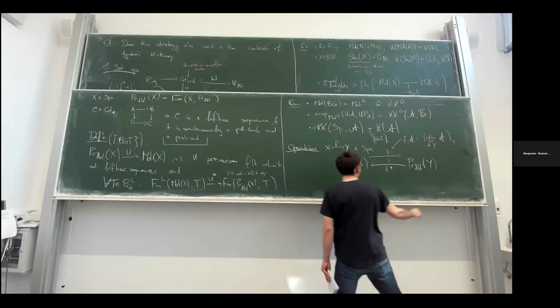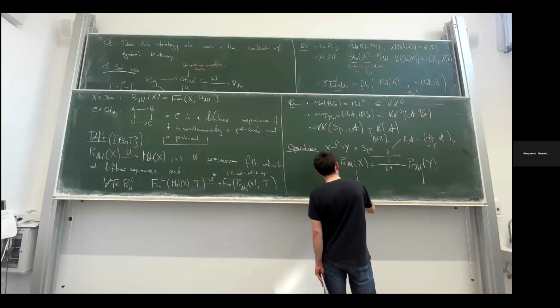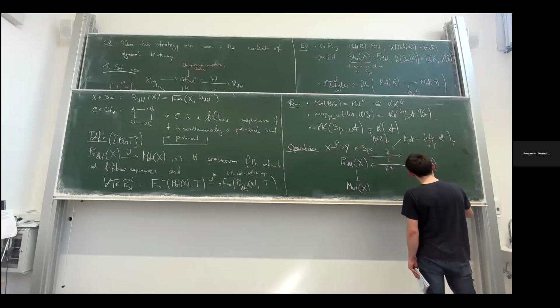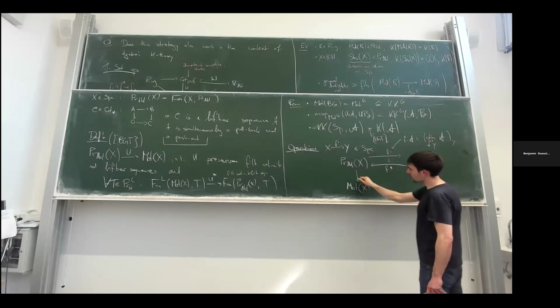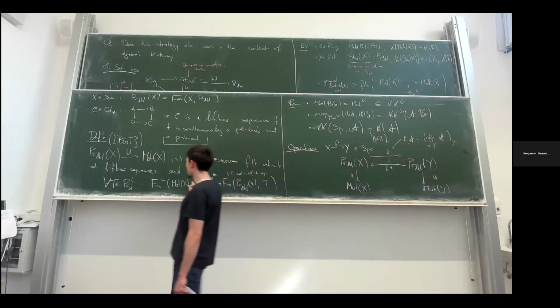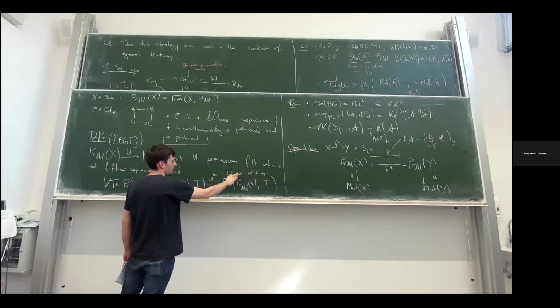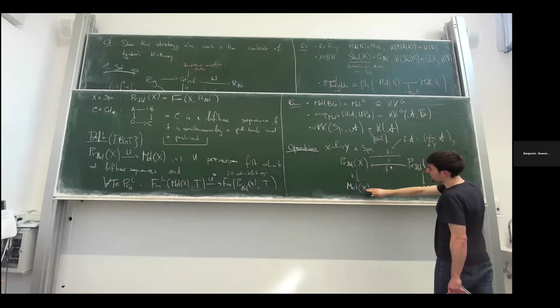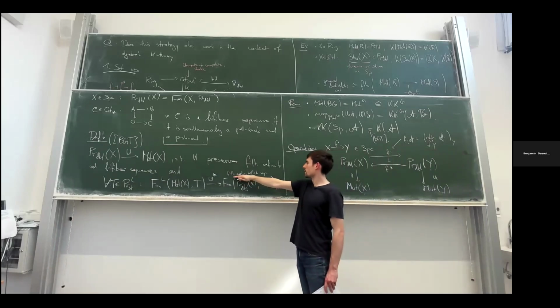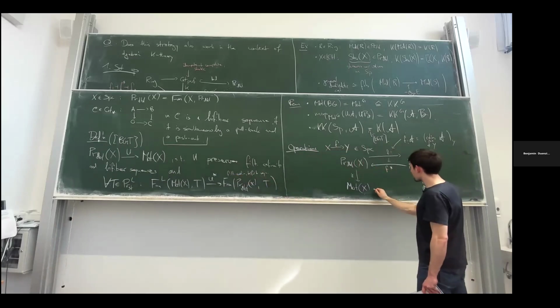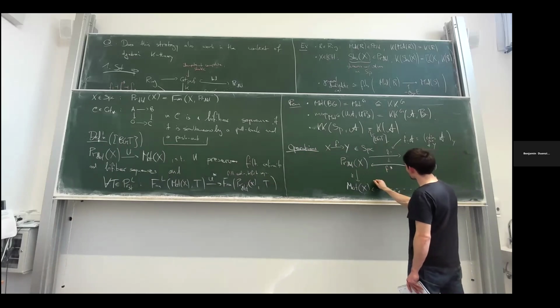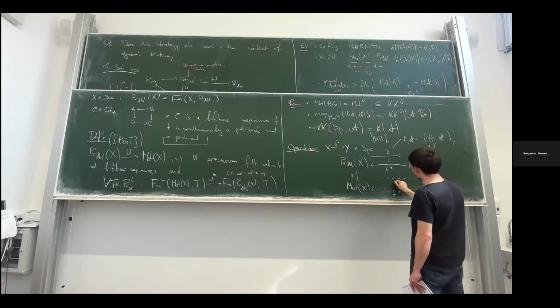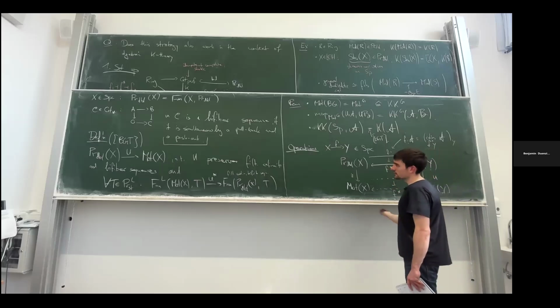And now the relevant point for us is that these two operations directly descend to motives. One can, for example, deduce this directly from the universal property, by showing that if I restrict my system and then apply U, this functor preserves filtered colimits and bifiber sequences. So also on the level of motives, we have these operations.